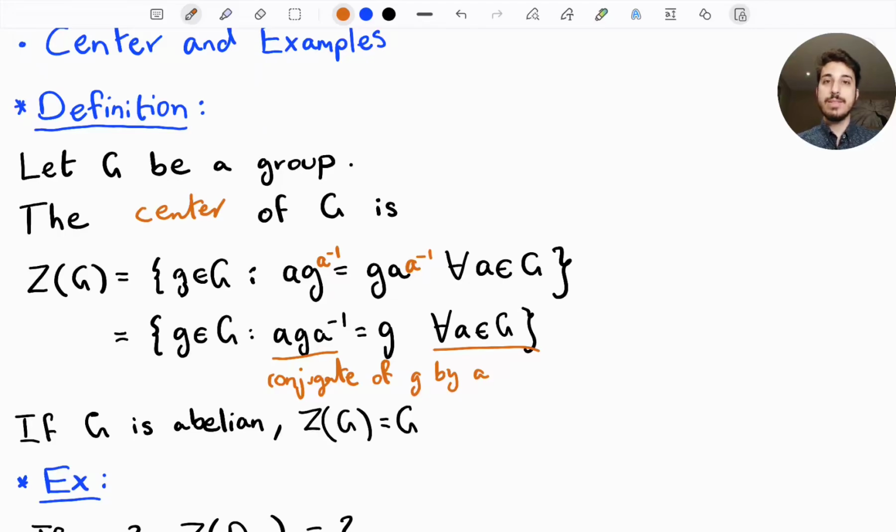Notice that the center is the most restrictive set that we're going to encounter today, because as we go through the lesson, we're going to come across definitions like the center, the centralizer, and the normalizer, and each definition will be less restrictive than the last. The center has the condition of commutativity for all the elements in the group.